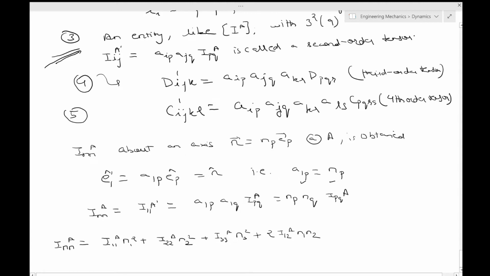So we will have I12 n1 n2 and I21 n2 n1. So both of these terms are the same, so they can be just written as 2 times. Similarly, 2 I23 A n2 n3, plus 2 I31 A n3 n1. This is equation 3.10.